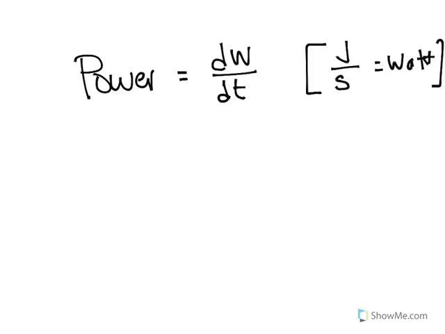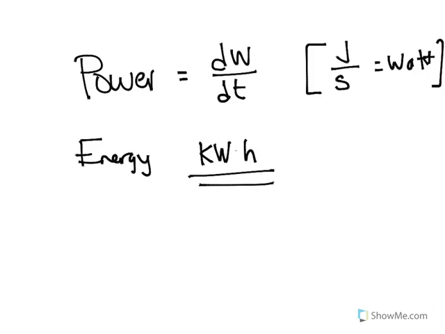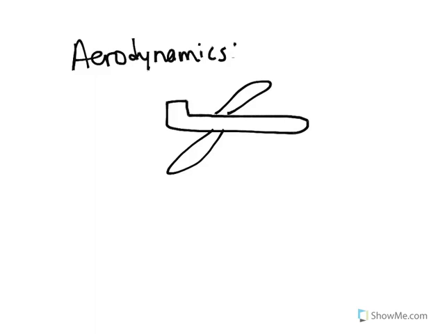Usually we express the power generation in kilowatt or megawatt, and whenever we're talking about energy it is joules, but we have another very useful unit, kilowatt hour, which is also an energy unit.